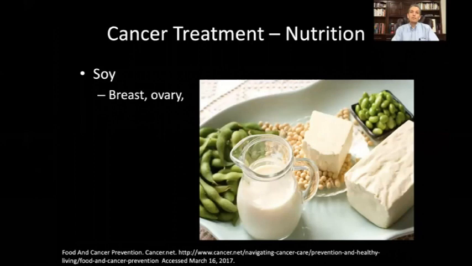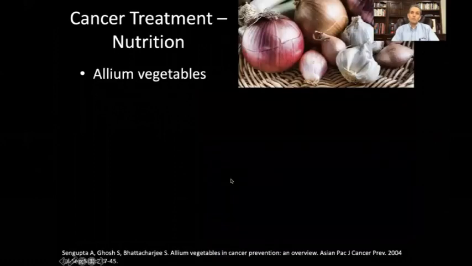You can make plastic out of soybeans, and nobody's going to argue that plastic is a health food. It's not, right? So you can process soy to the point where it becomes unhealthy for you. And yes, that processed soy can promote cancer. So you want to stick with whole soy products rather than processed soy products.